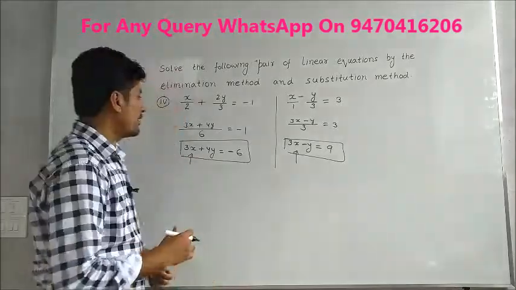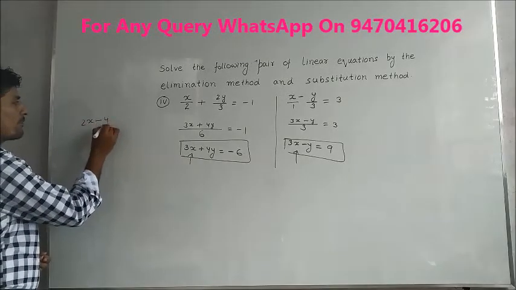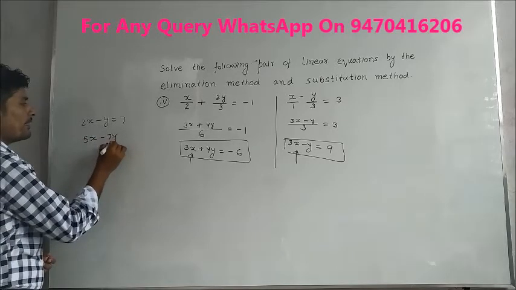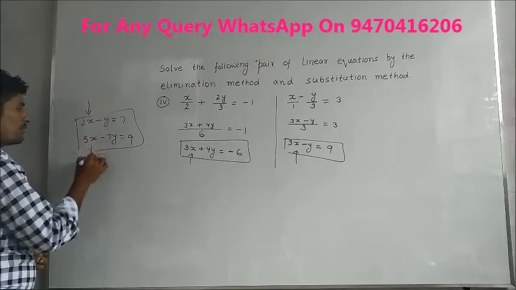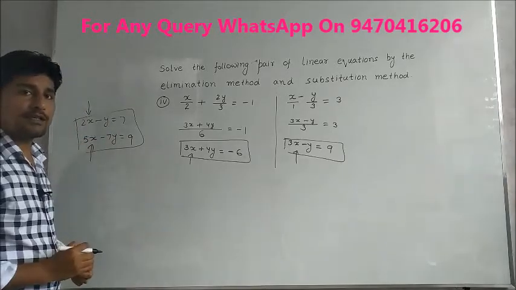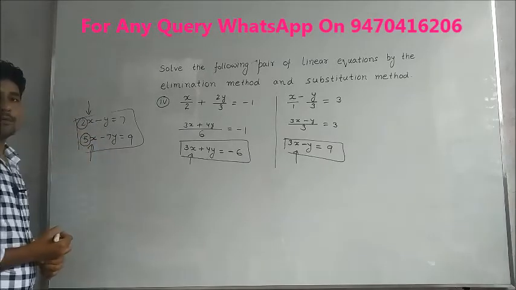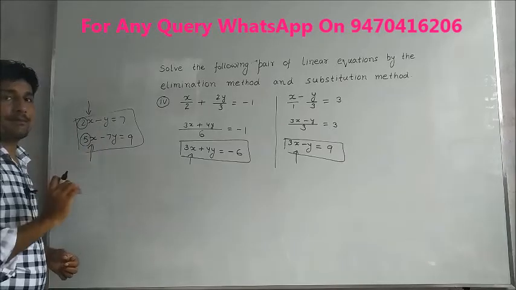Suppose in another pair of linear equations, we are having 2x minus y equals to 7 and 5x minus 7y equals to 9. If from these two equations we are going to eliminate x, then the very first thing is that we have to equate both the numbers, meaning the coefficient of x must be the same.